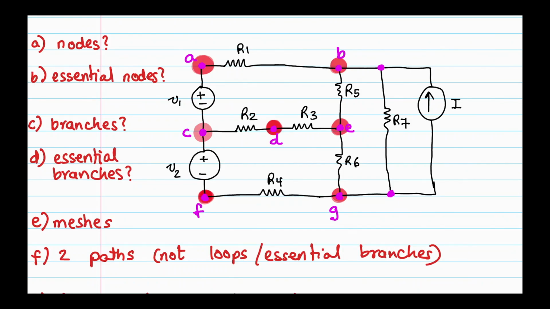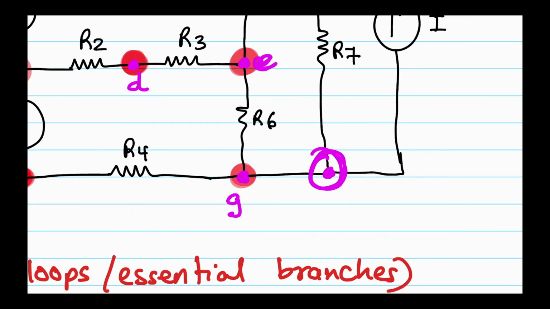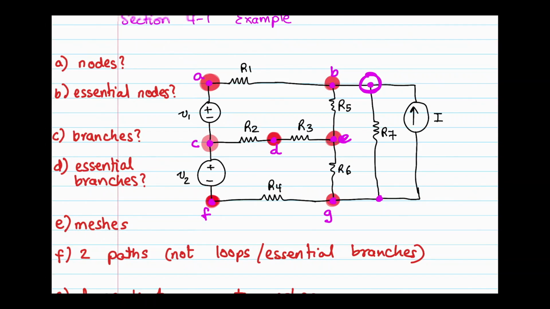Now, to clarify, let us see, is this guy a node? And is this guy a node? Okay, you can call it a node, it's the same node as G. So this node and this node at G are not different, it's the same node as G. Okay, they're not different nodes.